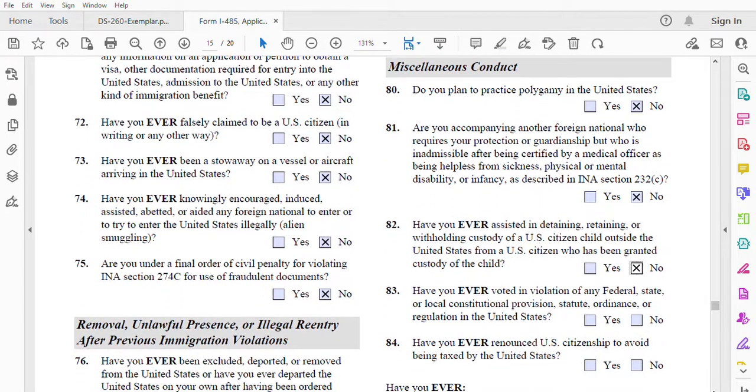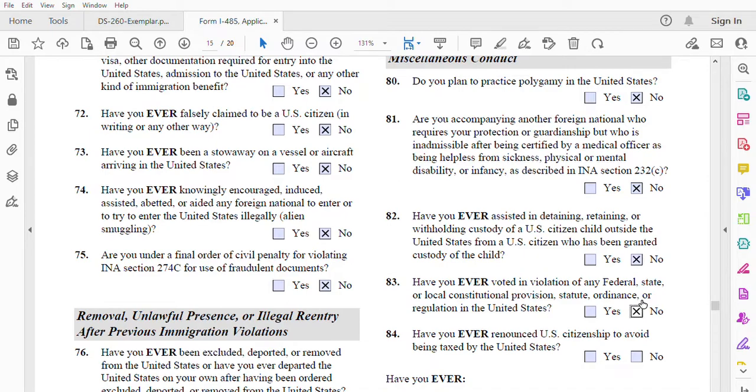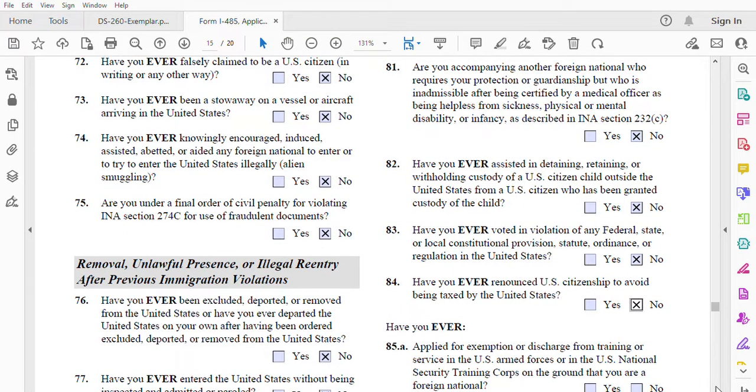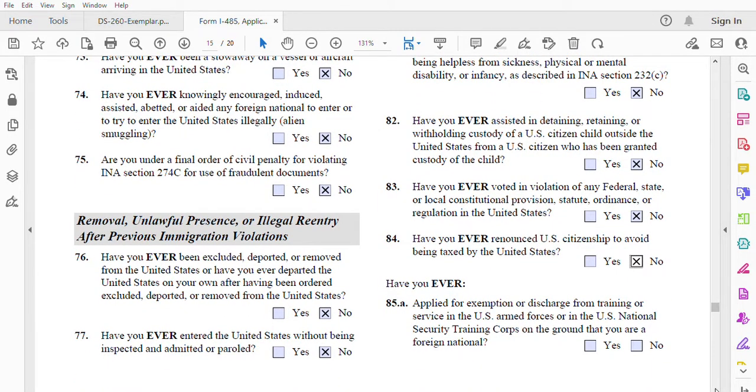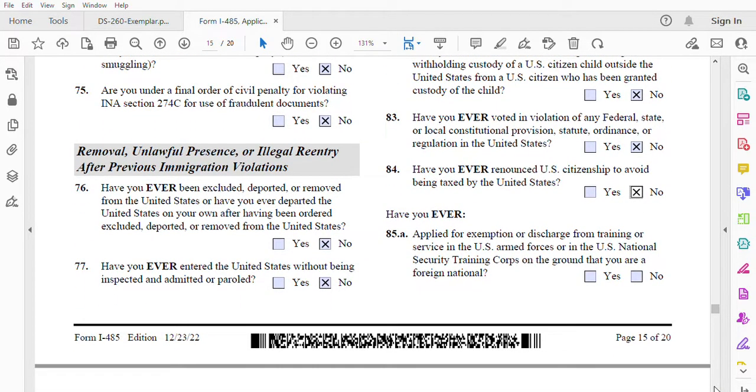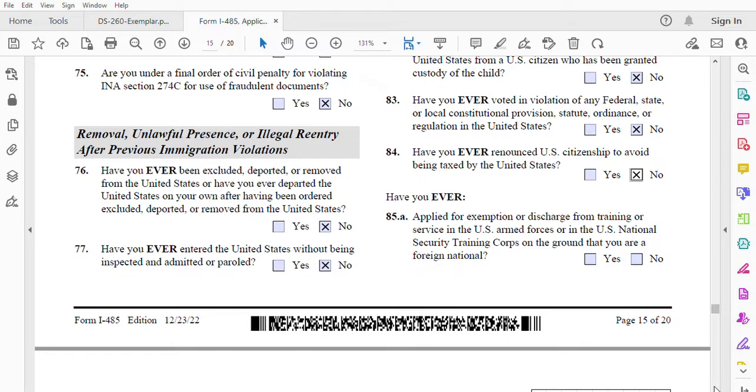83, 84. All these questions are yes or no answers. Have you ever applied for exemption or discharge from training or service in the U.S. Armed Forces or in the U.S. National Security Training Corps on the ground that you are a foreign national?